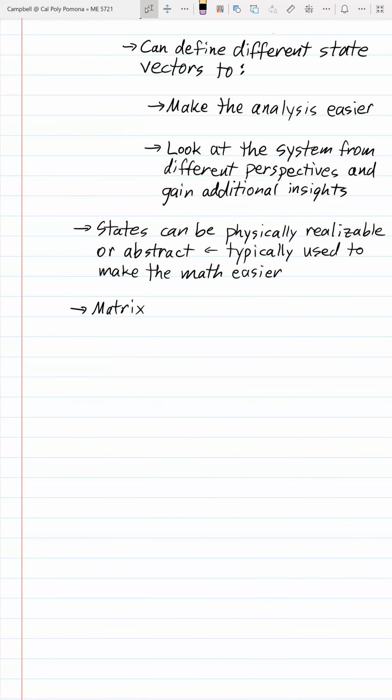One additional advantage, of course, is that the matrix format makes it easier, of course, for computers.